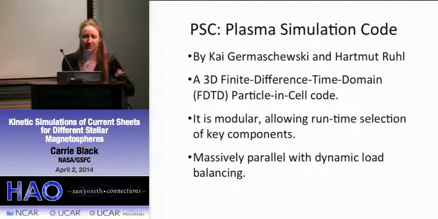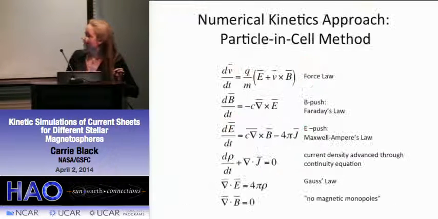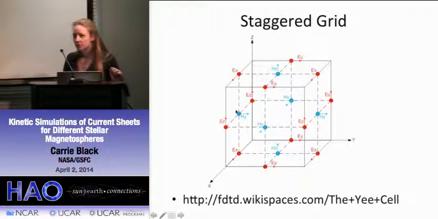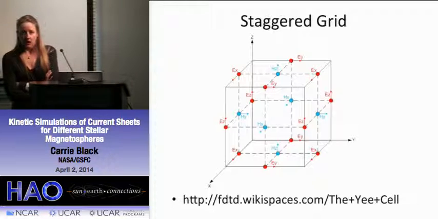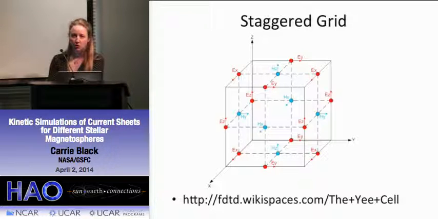Yes? Puzzled about something. I think you said you did not need boundary conditions on the magnetic field. On the magnetic field, because it's determined by the electric field. Yes, because it comes from right here. But don't you still need a spatial boundary condition? You have to, or do you start by assuming a uniform field? So at the initial condition, you do prescribe the field everywhere, including on the boundary.